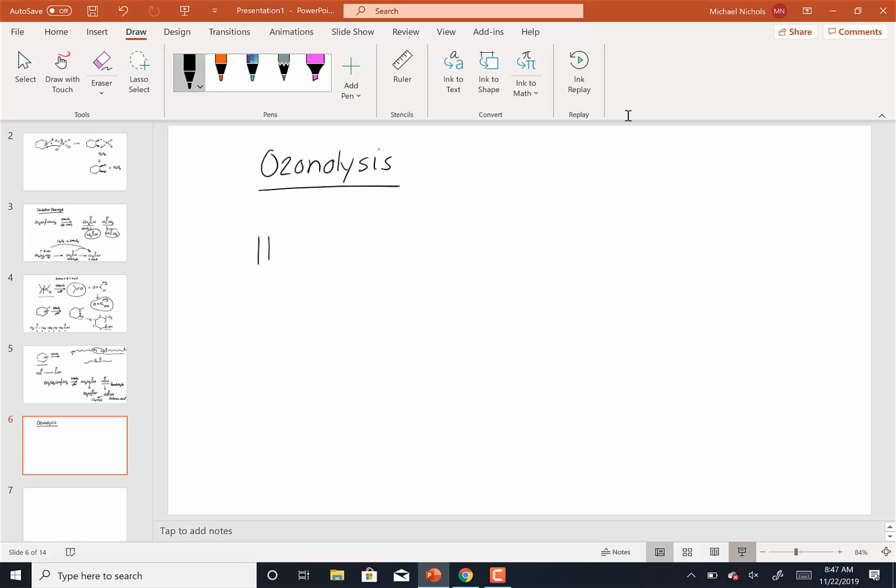So if I have my double bond, ozonolysis gives me the opportunity to decide for the aldehyde, do I want to keep it an aldehyde or do I want to oxidize it to a carboxylic acid? KMnO4 gives me no choice. KMnO4 is going to take any aldehydes that are made after cleavage and oxidize them to carboxylic acids. Ozonolysis I can choose.